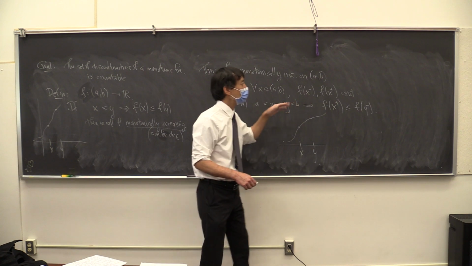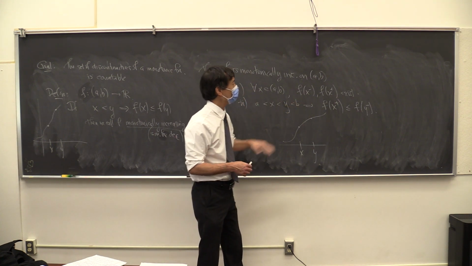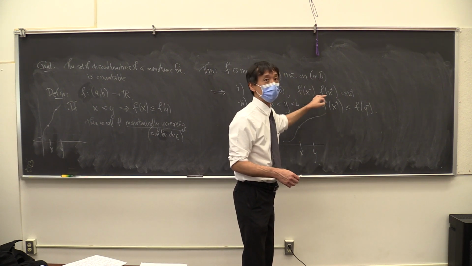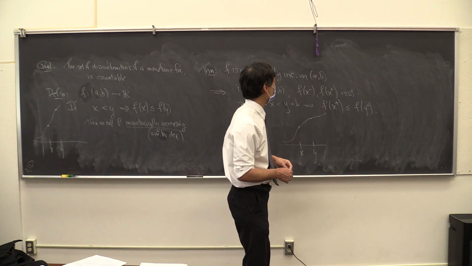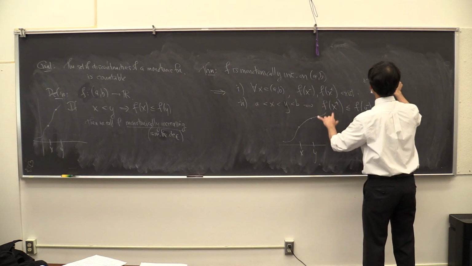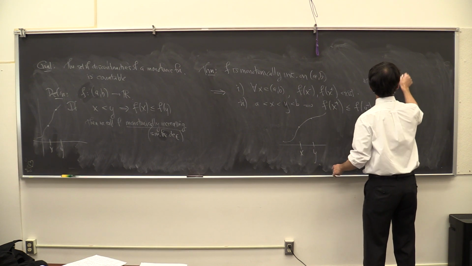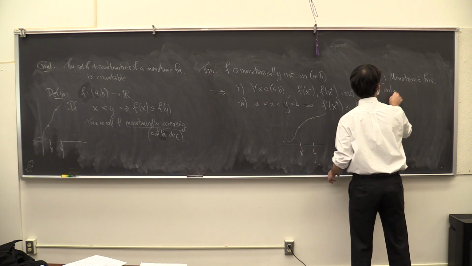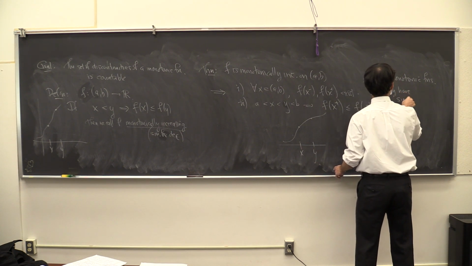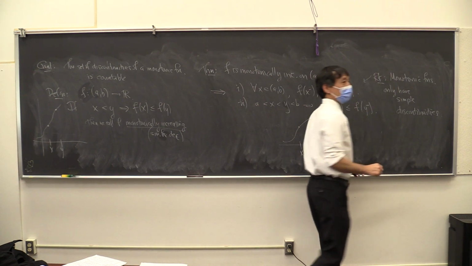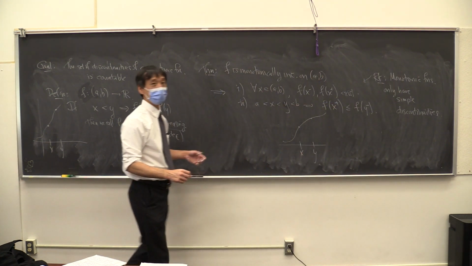Okay. For this, we're going to need to use the idea of supremum. Notice that this tells you that monotonic functions only have simple discontinuities. Right? They can't have type 2 discontinuities.